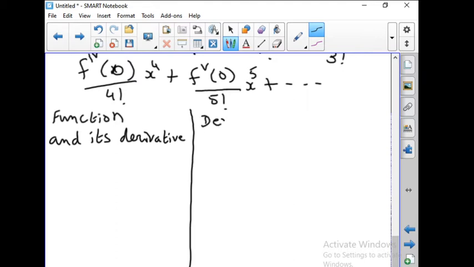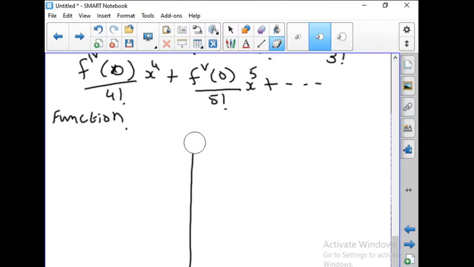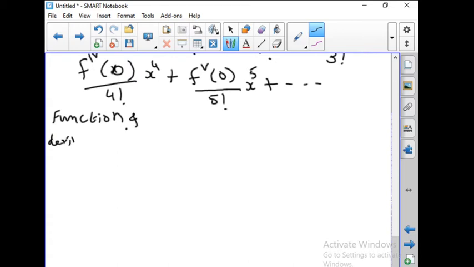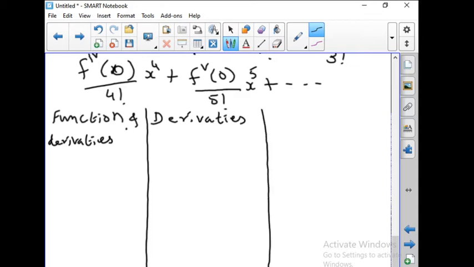So derivatives alone we will write, to make the table a little simpler, because there is no space here. And here we have the values at x is equal to 0. So this is what we are going to do now.